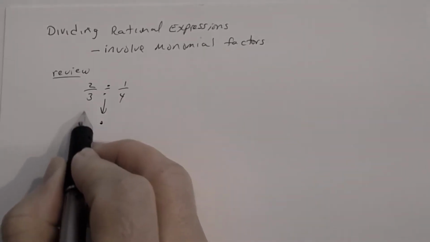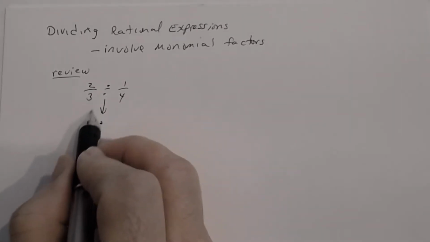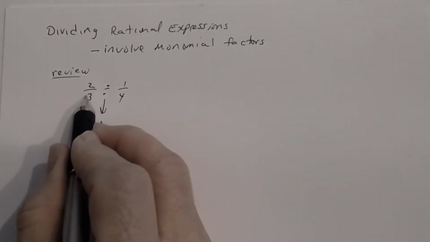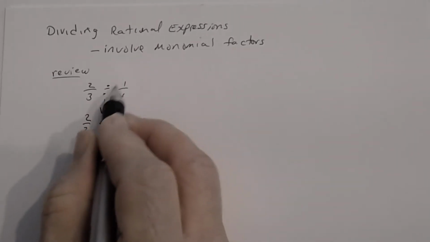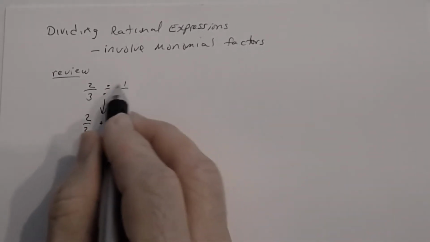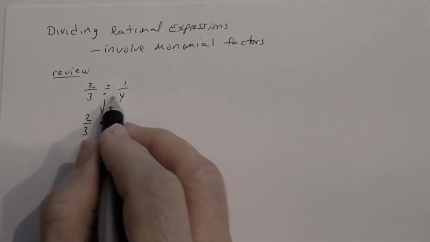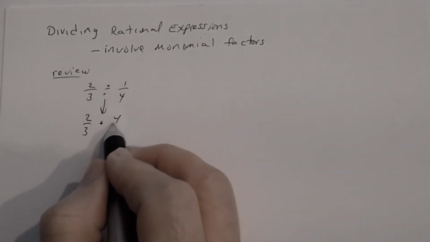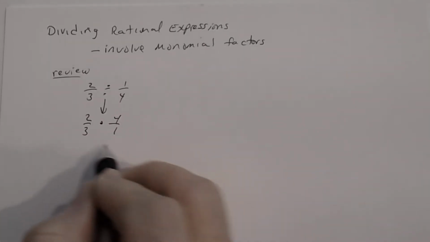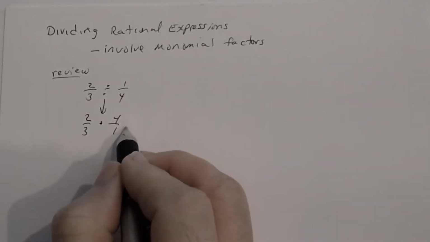To do that, you rewrite the first fraction, the fraction in front of the division symbol, and you multiply by the reciprocal of the fraction following the division symbol. The reciprocal of 1/4 is 4 divided by 1. Then you would reduce if you can, and then you would multiply.